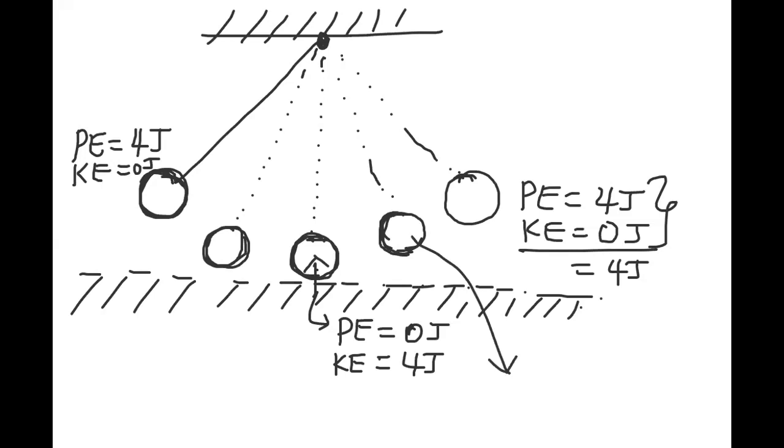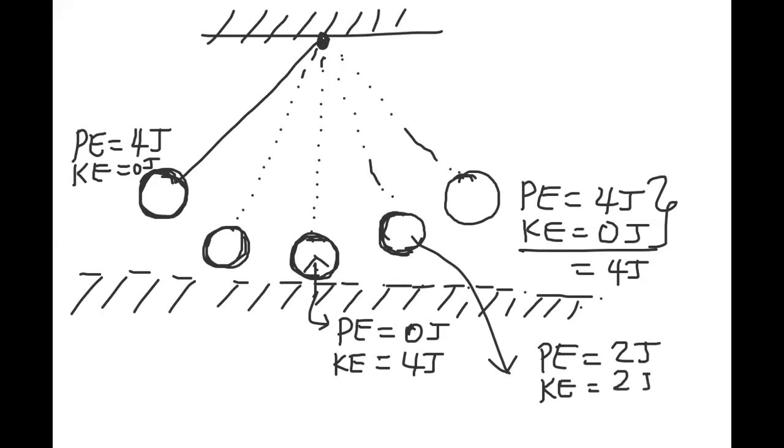What about here? Well, looks like it's halfway. So that means potential energy has to be 2 joules, because potential energy depends on the height. And kinetic energy here, to make sure that the sum is 4, has to be 2 joules.